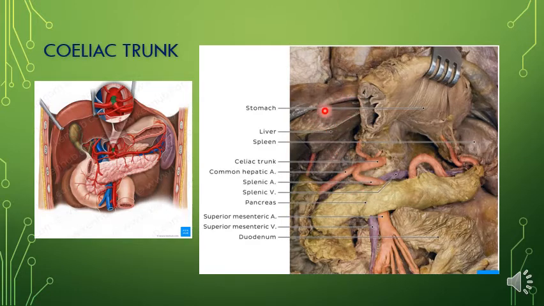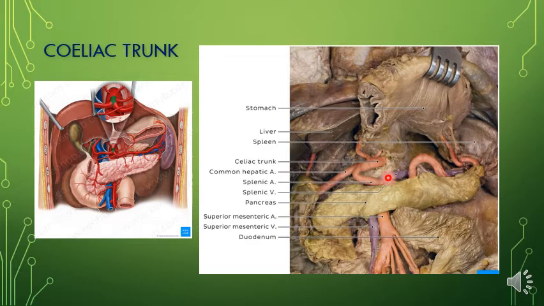This is the liver here. So the papillary process of the liver is there from above, and the tuber omentale of the pancreas from below. So in between those two structures, the celiac trunk is sandwiched. But in this image, for visualizing it clearly, these two are reflected a little bit up and down.